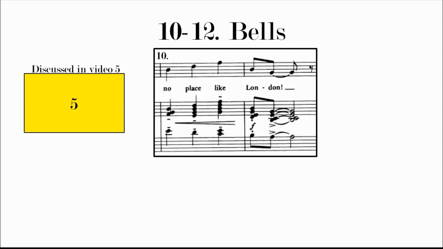Several different bells. I believe number 10 is the London motif, 11 is the Westminster chime, and I don't know what 12 is. Maybe when I buy the book I could give you an answer, but it occurs somewhere near the end of Not While I'm Around. But there's No Place Like London.